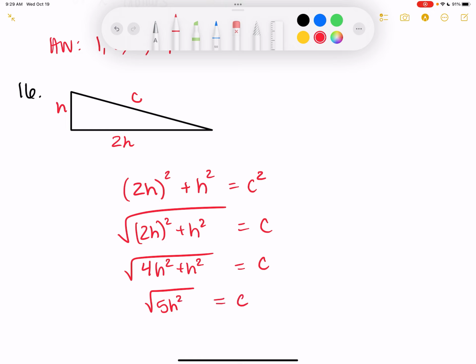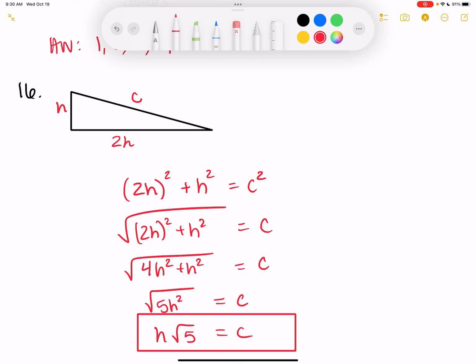Because they're being multiplied and I have a squared term, I can take an h out. So h times the square root of 5 equals c. That's your hypotenuse: whatever the length of your one leg is, you multiply it by the square root of 5 to get the hypotenuse.